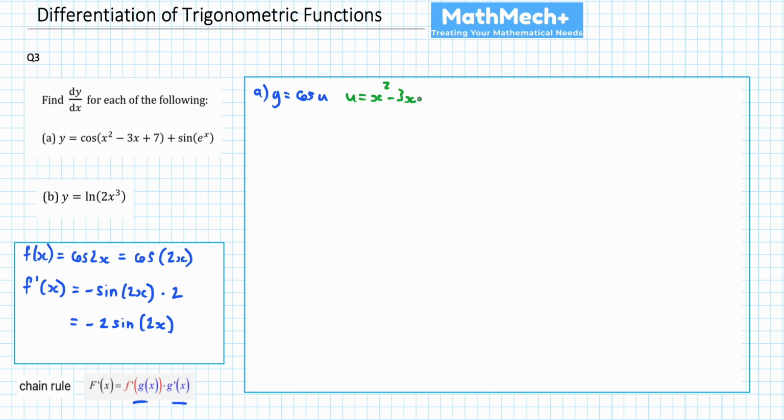Again, we're going to do the derivative now of dy over du. Of course, the derivative of cosine is minus sine, so we have minus sine u. So du over dx is 2x minus 3, the derivative of u, as you can see above that.